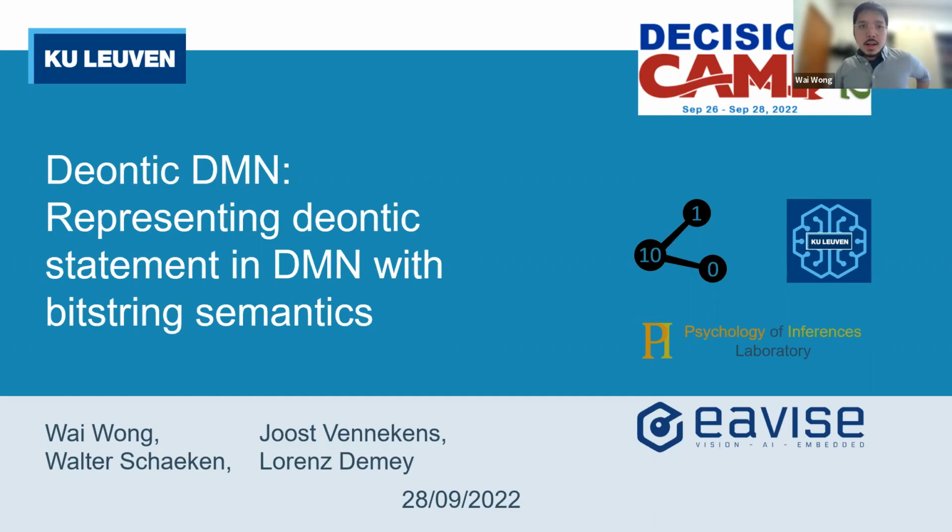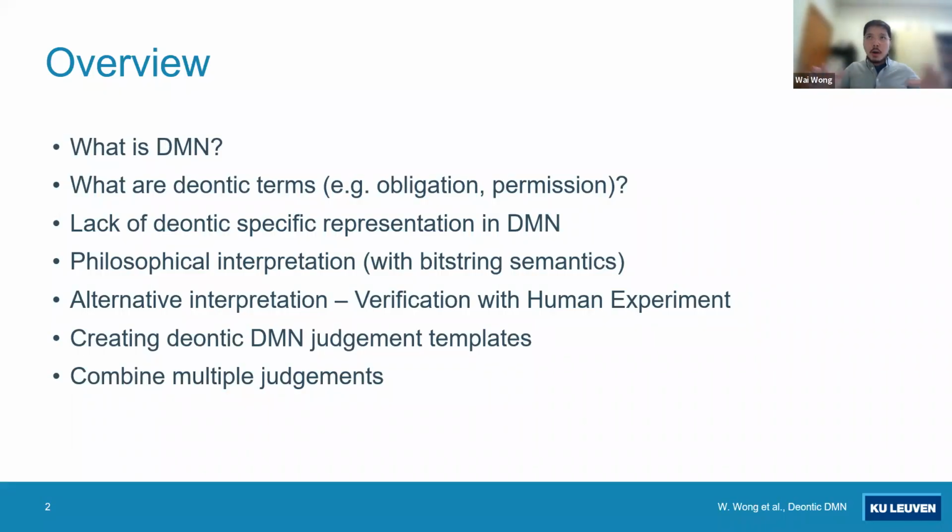Before I start, I will give a good overview so that you know where we're heading. At first, I will shortly introduce DMN, although I feel like I don't need to do that much in this group because most of you are very familiar with DMN, but I will quickly give an overview and what kind of extensions we currently have on DMN, at least from the research group in our school.